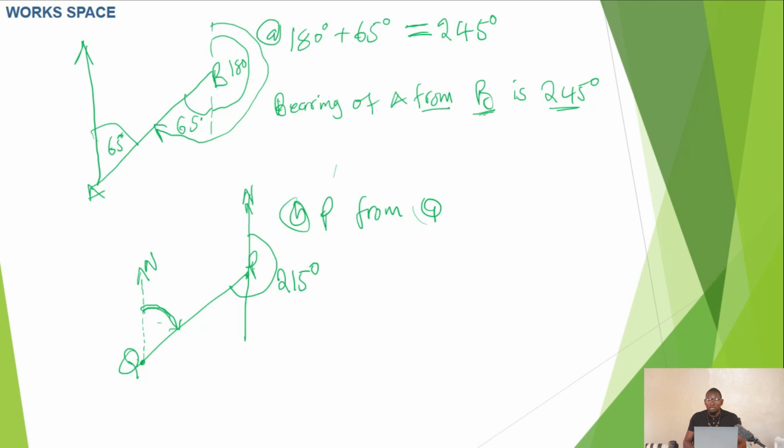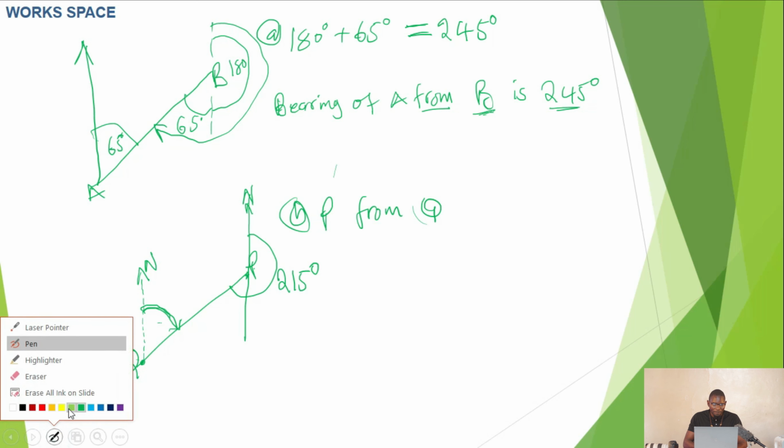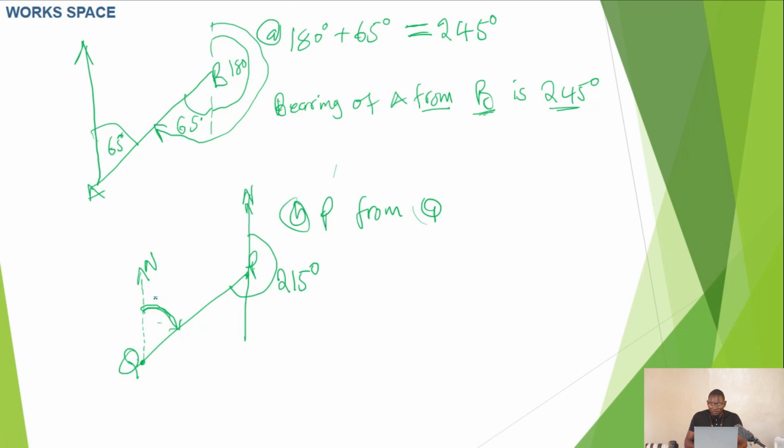Now, like I said, when you're looking at the bearing, you should have some prerequisite knowledge of the properties of angles. So again, this property is coming back, where we have two parallel lines, which is the true north at point Q, and another parallel line at point P. So this angle here should be the same as that one.